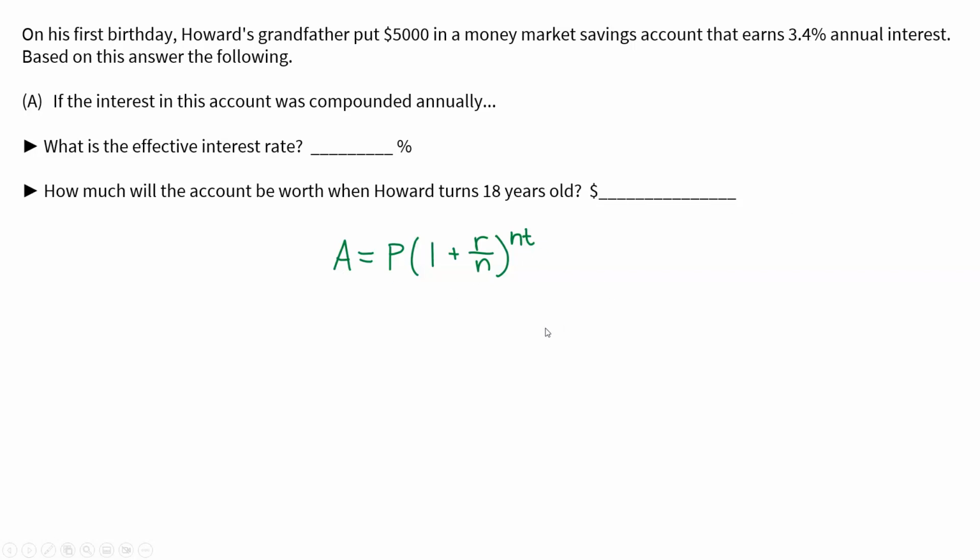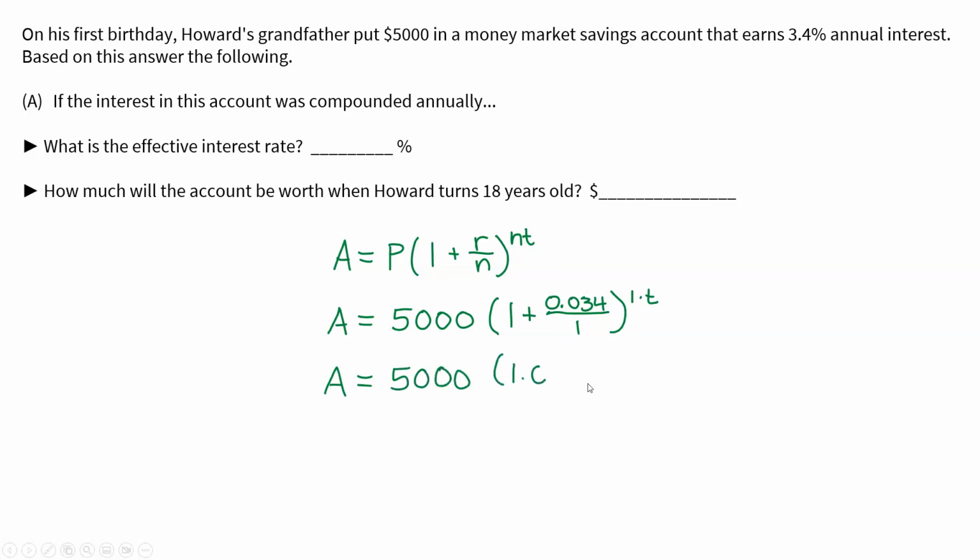So in this situation, you know that the principal is $5,000. You know that R is 0.034. In this case, N is going to be 1. And in a lot of cases, it might be a good idea to simplify this expression. So in this case, it's going to be 5,000 times 1.034 to the T power. Now that represents that you're going to have 103.4% of the original amount every, in this case, year.